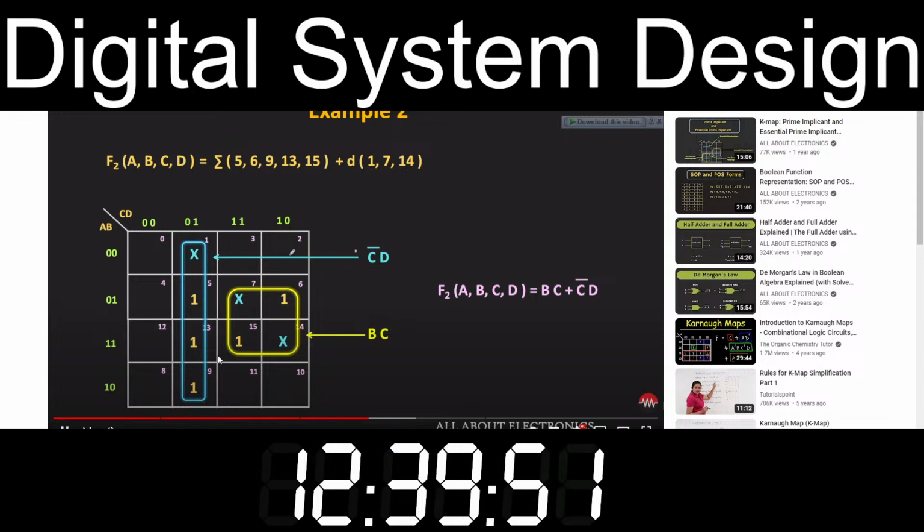in the POS form minimization. First of all, let us mark the remaining cells in the K-map.